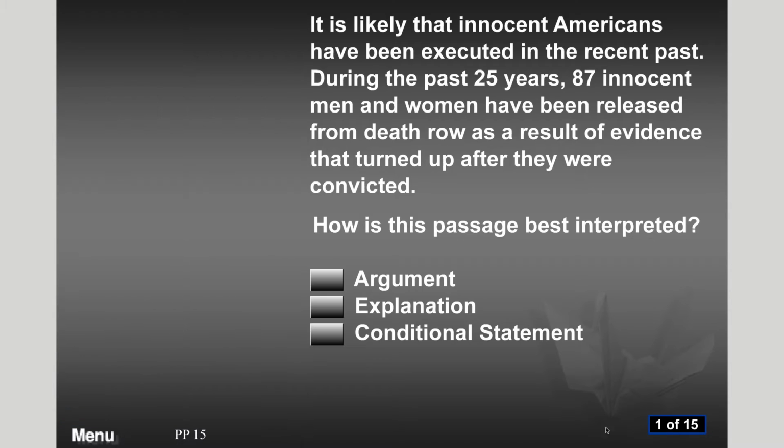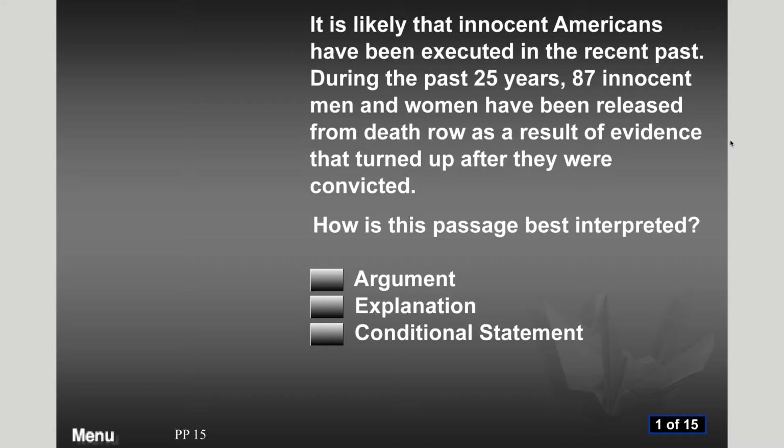It is likely that innocent Americans have been executed in the recent past. During the past 25 years, 87 innocent women and men have been released. Now, this is saying it is likely that innocent Americans have been executed in the recent past. Is this a generally accepted fact?